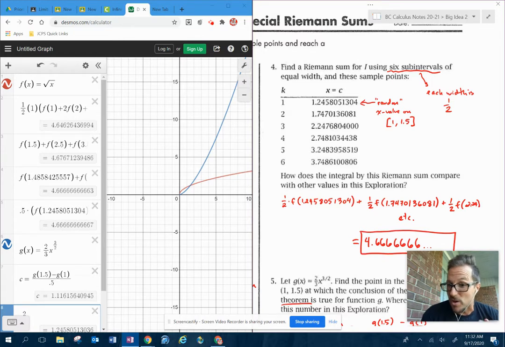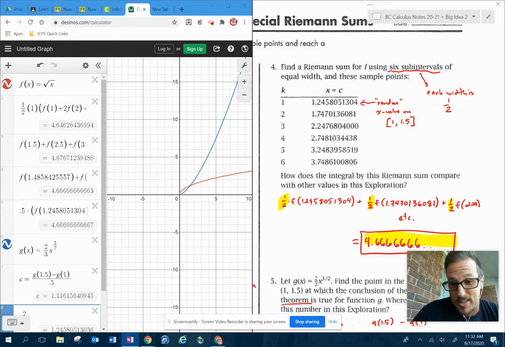Similar story to number 3. We're just going to multiply each one of those by a half because the width of each subinterval is a half, and then take f of all of those x values, and the calculation is 4.668. I mean, virtually 4 2/3 exactly. No funny business way down the line.